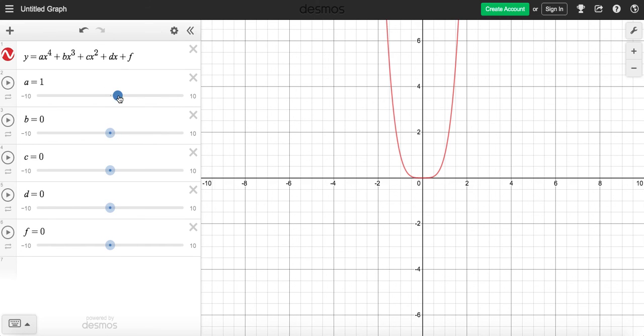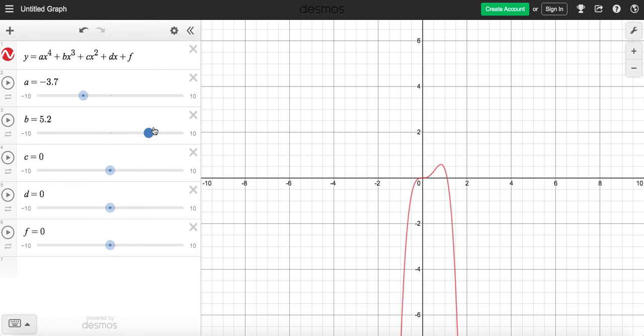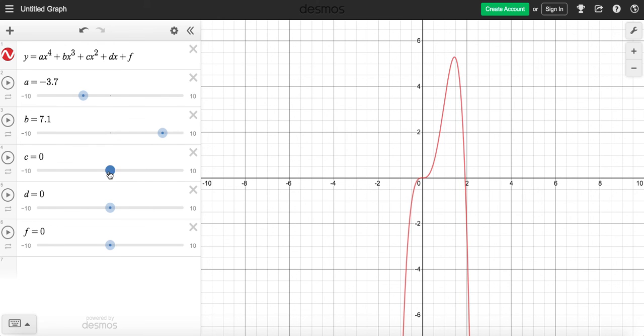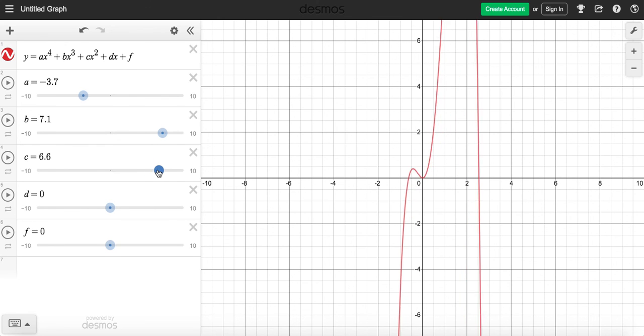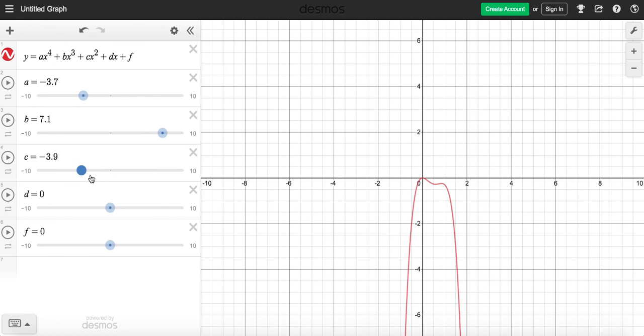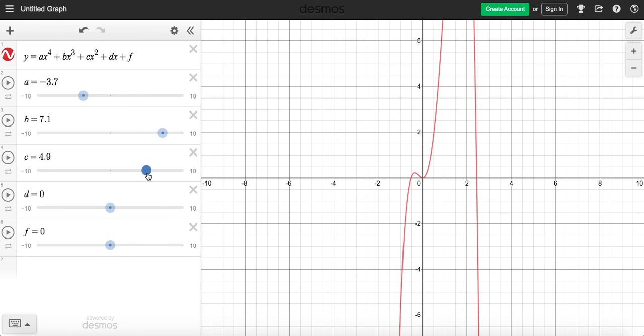So, first of all, A is a type of vertical scaling. Maybe I'll mess with this in the negatives. So, B, we start to get a cubic looking thing. C, we have kind of even a different type of vertical scaling now that we're seeing.